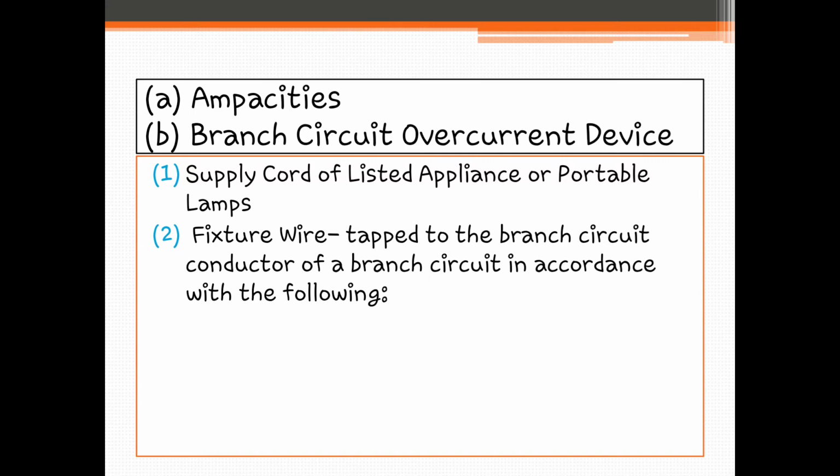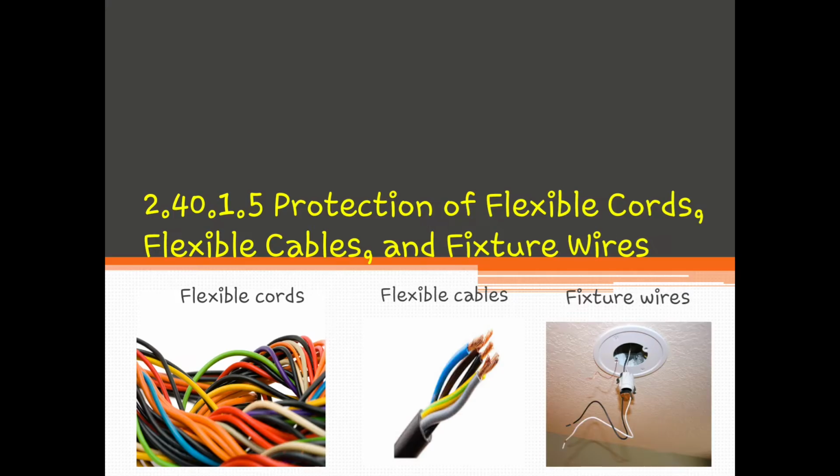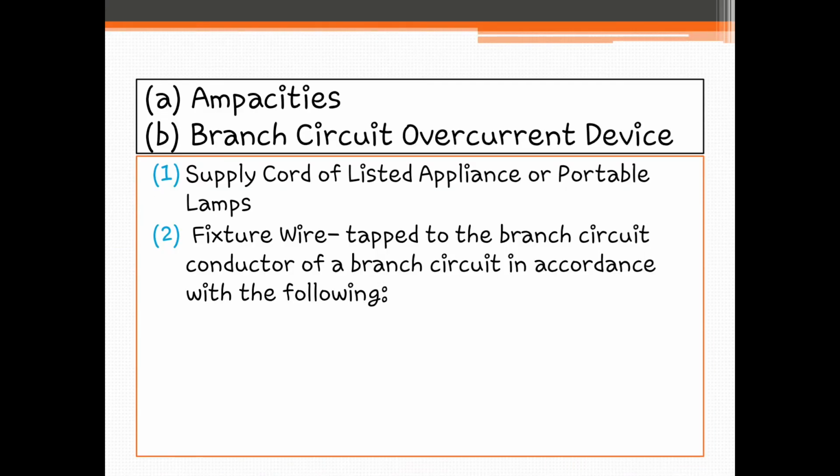First is ampacities. So the materials like flexible cords, flexible cables, and fixture wires must be protected in accordance with their ampacities.